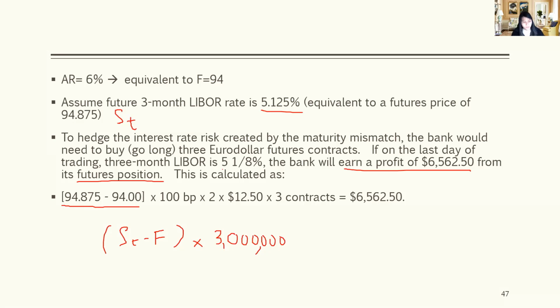Then I'm going to have to adjust it for the maturity of the futures contract. The futures price that we see is on a per annum basis, and we have a 3-month futures contract, so we have to adjust for the 3-month period. I'm going to take the yearly rate and divide it by 4 for 3 months. Let me check the answer here.